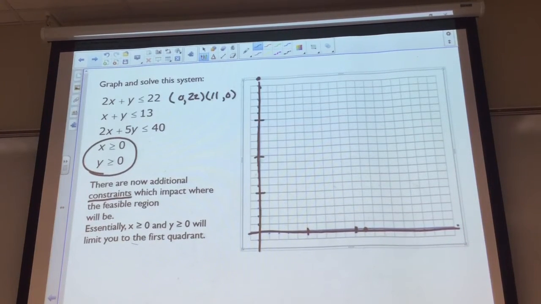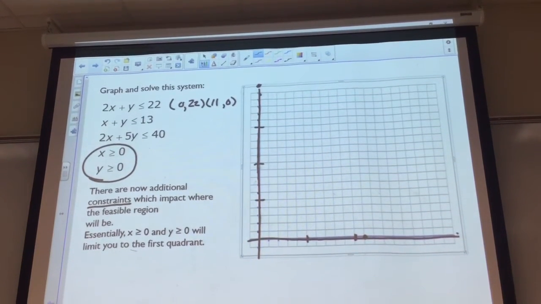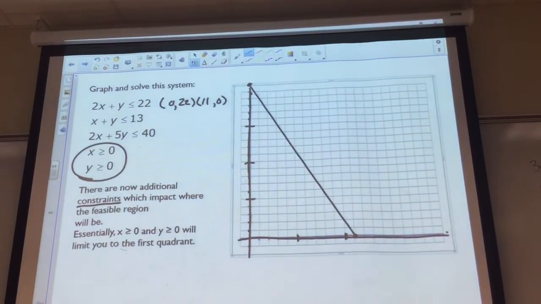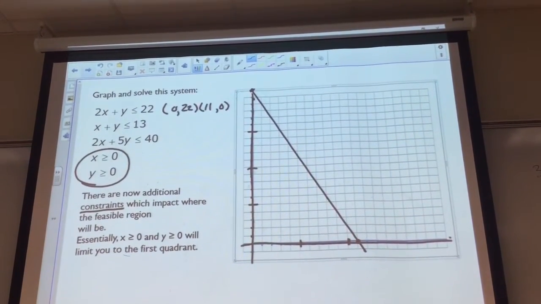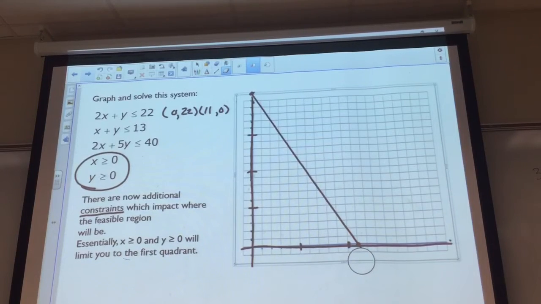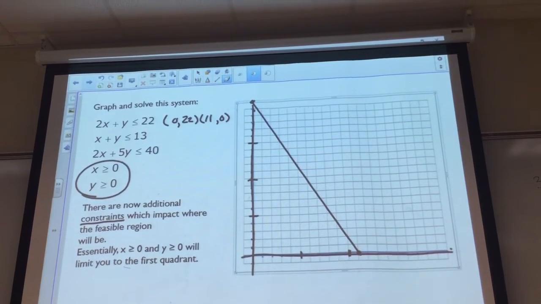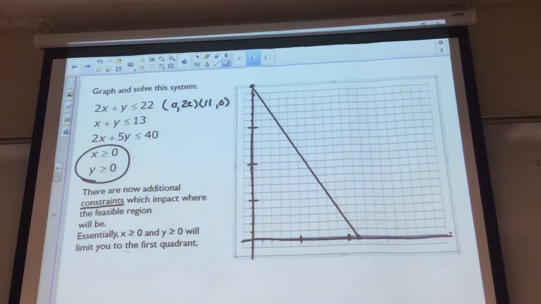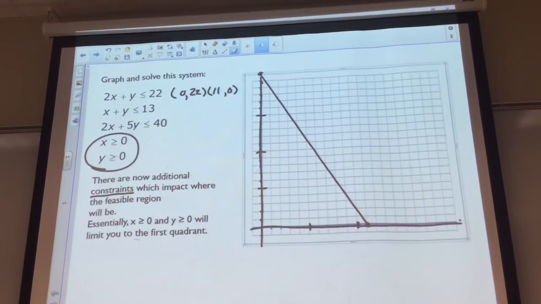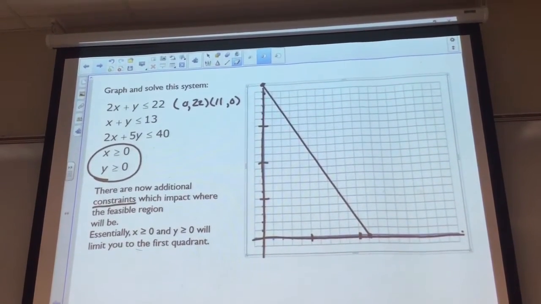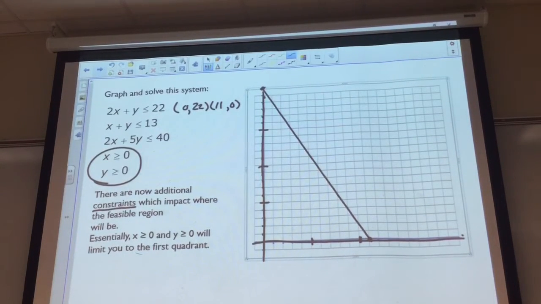So our first line looks like this. Because I've constrained it, the graph on the program will not constrain it, but the shading will constrain it. So it'll go all the way through the axis. You don't have to worry about that. Second one, what happens if x is 0?